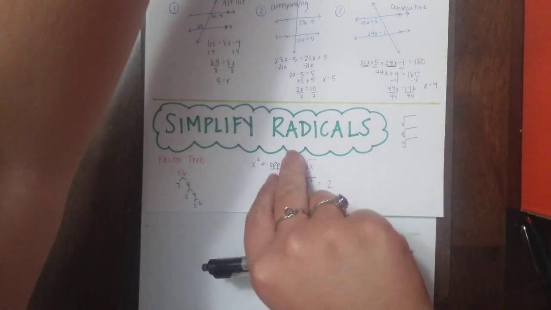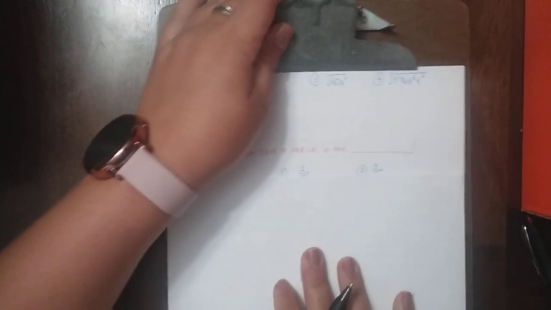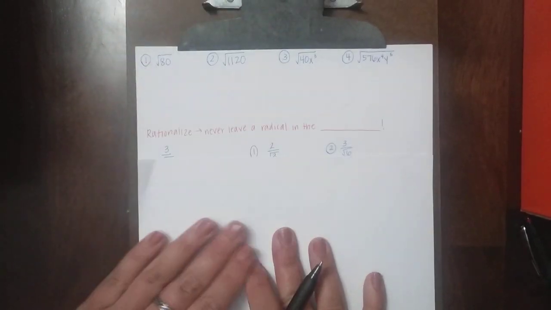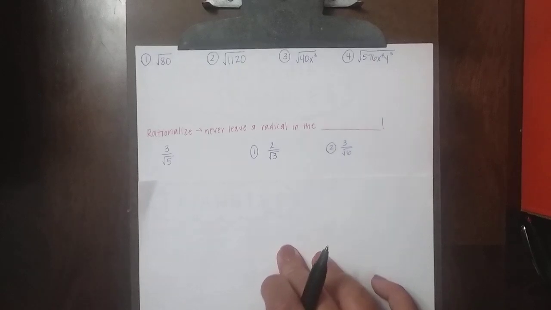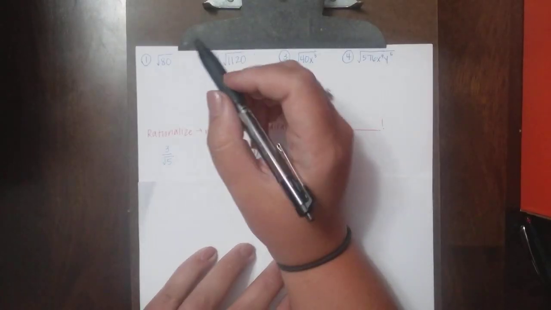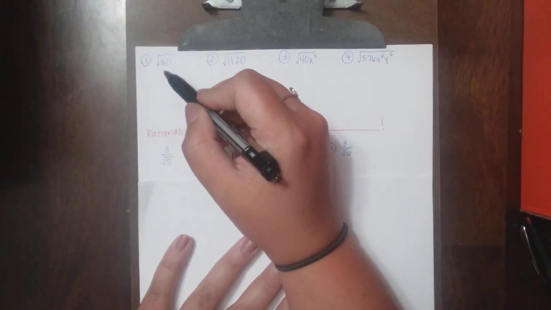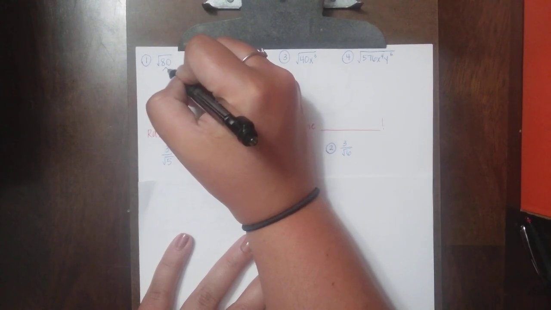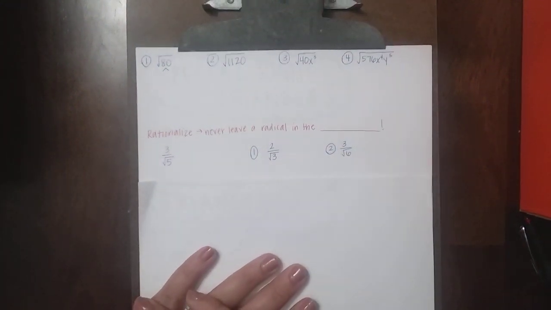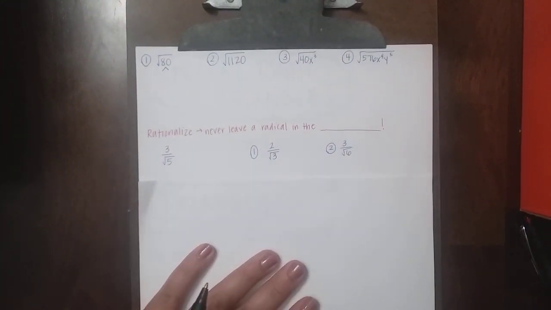Let me change pages. For our first example, I've got the square root of 80. I'm going to start by making my factor tree. Again, I can pick anything. I know that 2 goes into 80, so I could do 2 and 40. Perfectly fine. I know 5 goes into it because it ends in a 0.